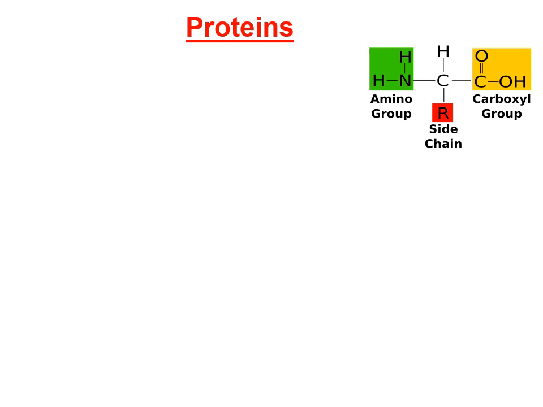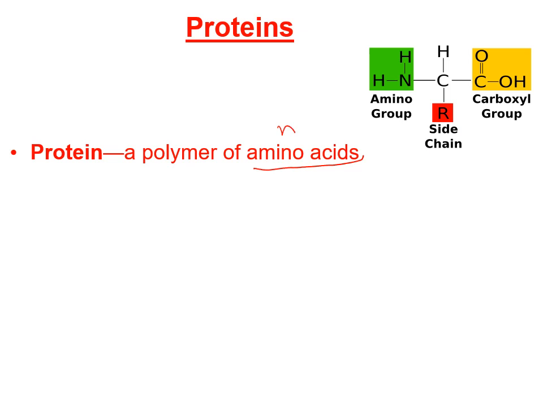Now, proteins are the next group of biomolecules. Now, protein is basically a polymer of amino acids. So amino acid is the monomer of proteins.